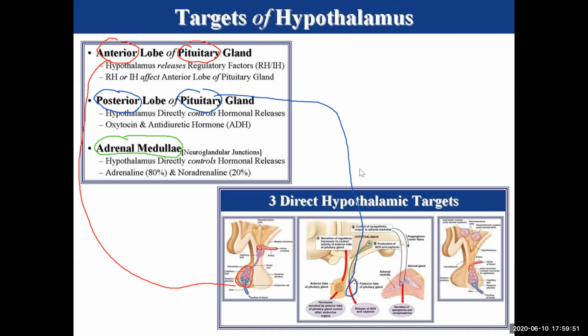And the third target, the adrenal medulla, the deeper layers of tissue. I'm going to highlight them in green. That's the adrenal medulla.